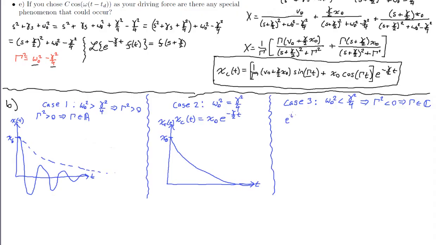The Euler identity is e to the i theta equals cosine theta plus i sine theta.